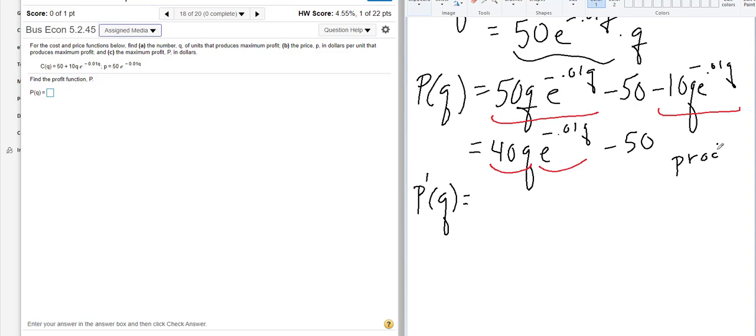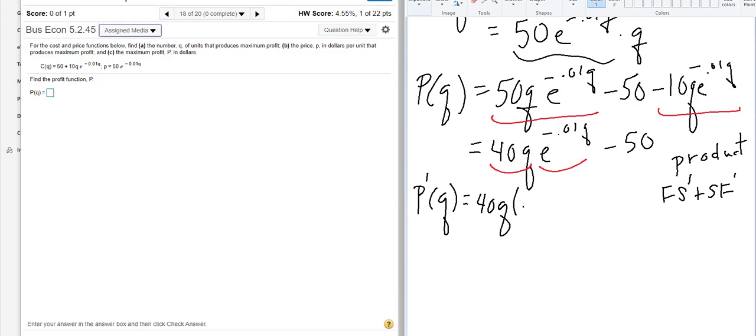The product rule says if you have two functions in your variable, that is Q in this case, then you have to take the first times the derivative of the second plus the second times the derivative of the first, and it really doesn't matter as long as you have the original function times the derivative of the other, and then vice versa. So I'm going to go first function, 40Q.